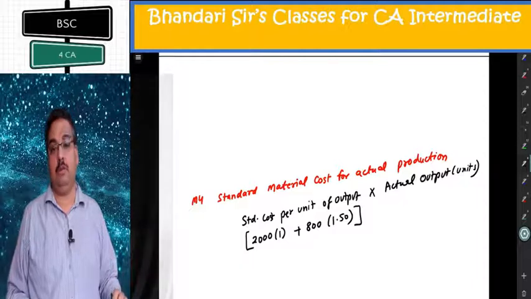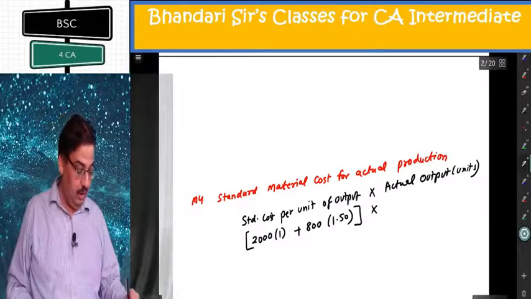It is written on the top of first table. Actual output is 1500 units.